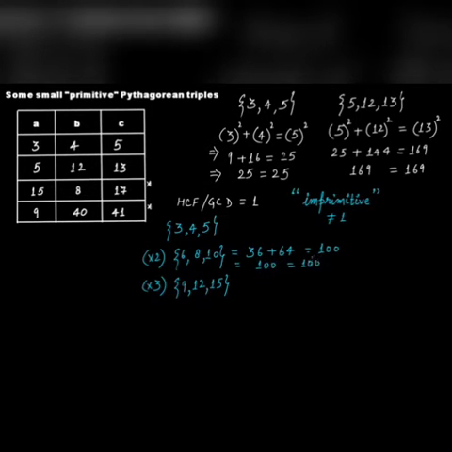So can you see it's actually a Pythagorean triple, but in this case it is imprimitive because the highest common factor is now 2 and not equal to 1. If you want to check for this one, 9 squared is 81 plus 144 and 15 squared is 225.